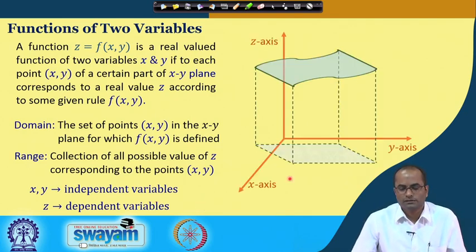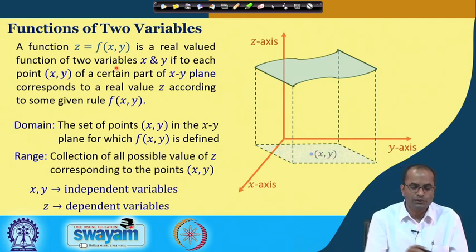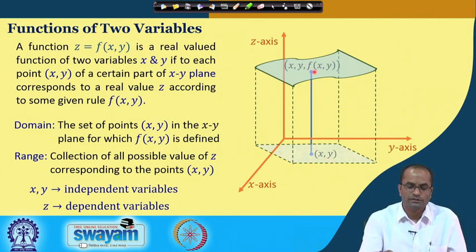In this situation, let us consider the coordinate system of x, y and z axes, and for example, this is a point in the xy plane, whose coordinates are given by x and y. Corresponding to this point, if we compute f(x, y), then this is the point here, the height along the z axis at this point (x, y) is f(x, y).